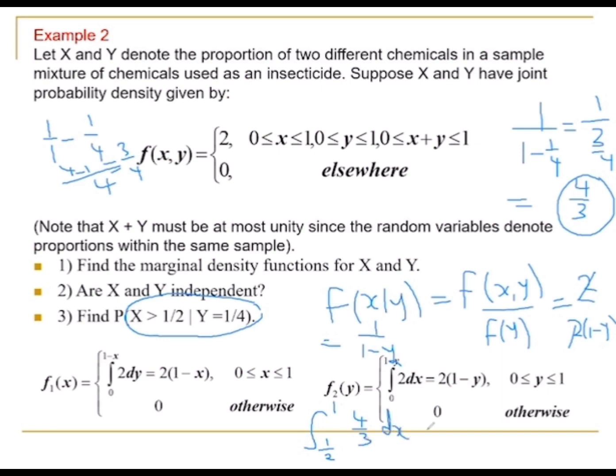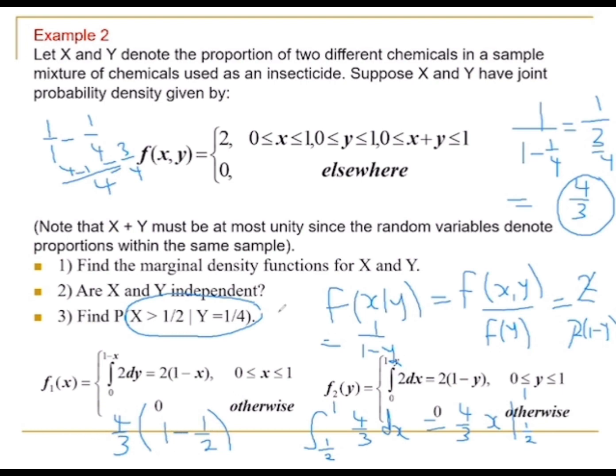Which is basically going to be 4 over 3 x, from 1 over 2 to 1. So when I plug in 1, I'm actually going to have 4 over 3 times 1 minus half. I think this is going to be half, right?